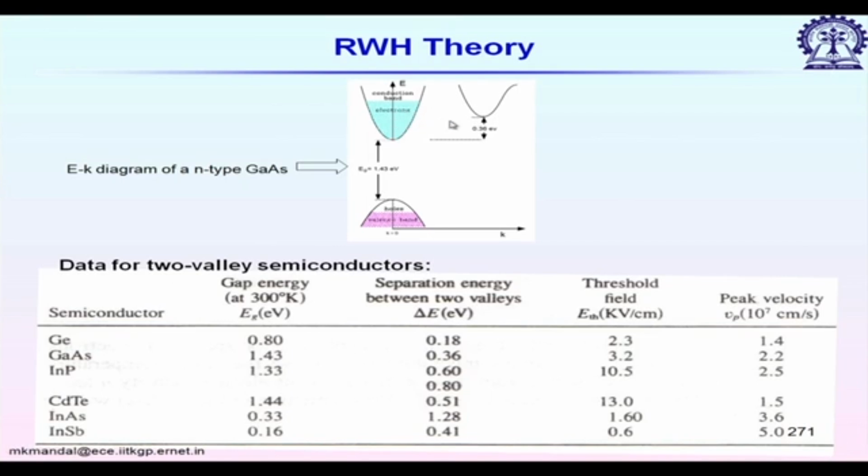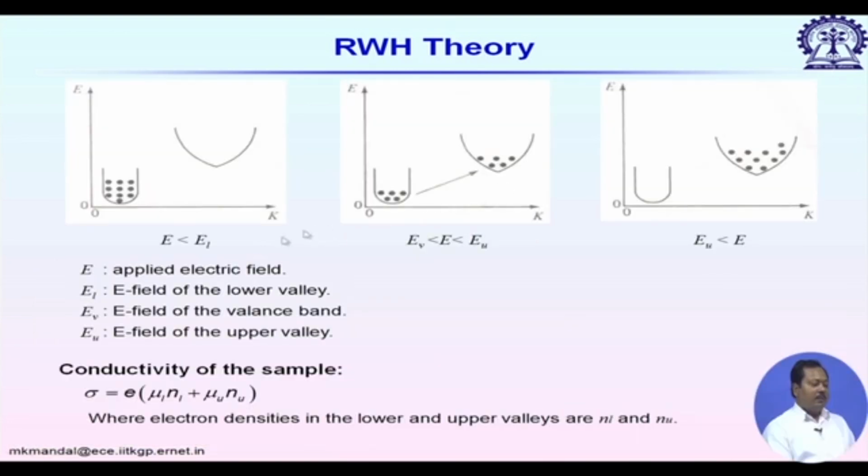Now, what will happen? We have some electrons inside the first band and some inside the second band. Let me show you the next plot. You see, when the electric field is less than this E L, where E L is the electric field of the lower valley, mostly the electrons are in the first conduction band.